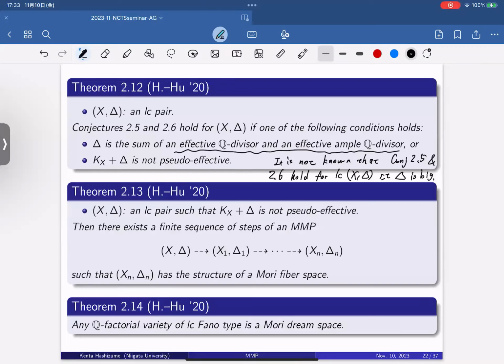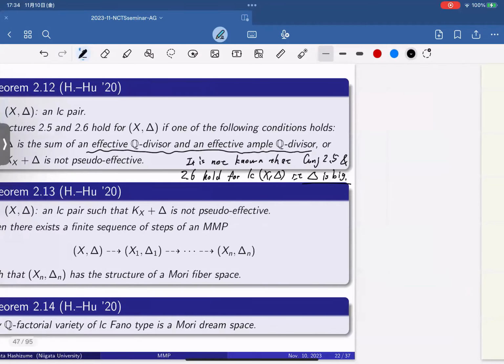This is a very technical gap between this property and this property in the minimal model theory.